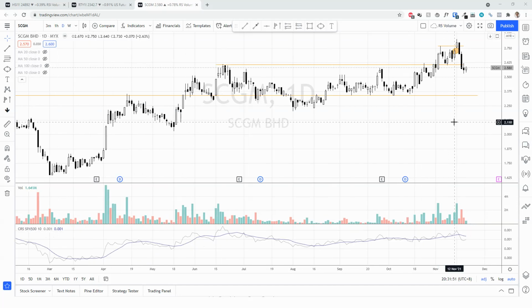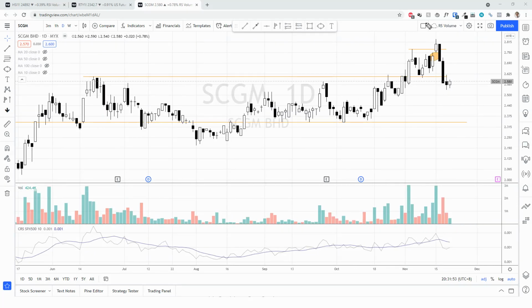So look at what happened. On the first day here, look at this. This is a breakout, but it is not really impressive at all. Why is that? When it's breaking out, you're probably taking an hourly entry.